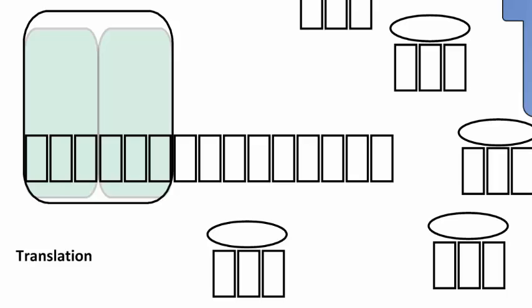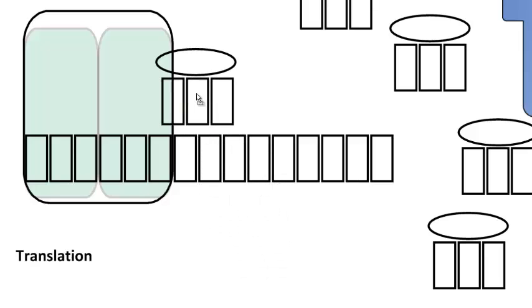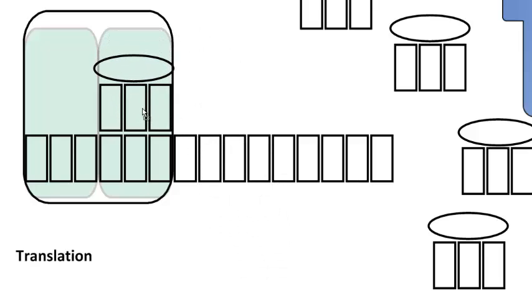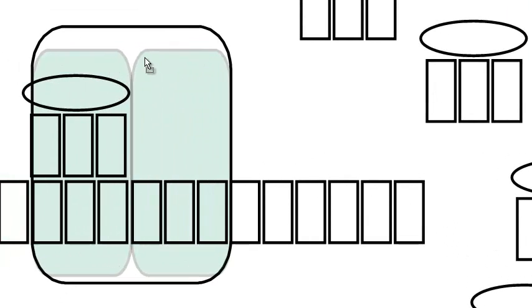So the transfer RNA is going to carry that methionine into the right place. The AUG is going to match up with the UAC, bringing the methionine into the A site, and then the entire ribosome is going to move over.